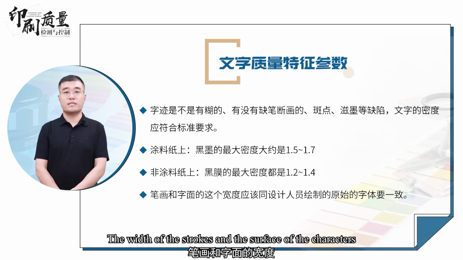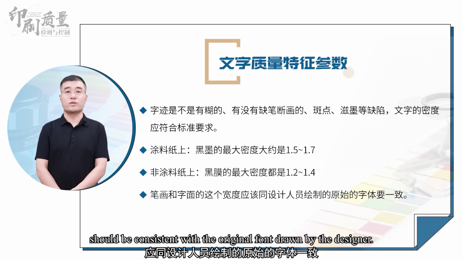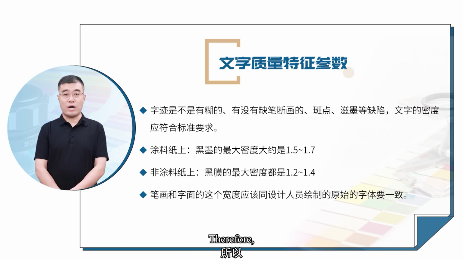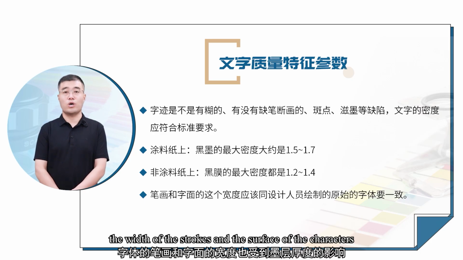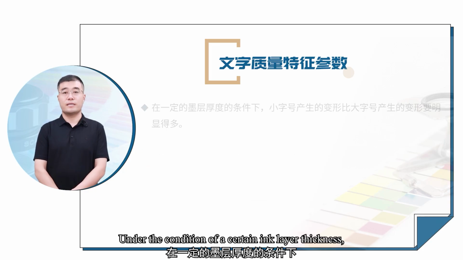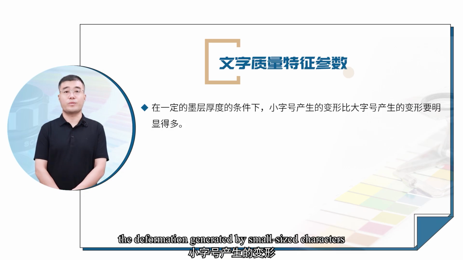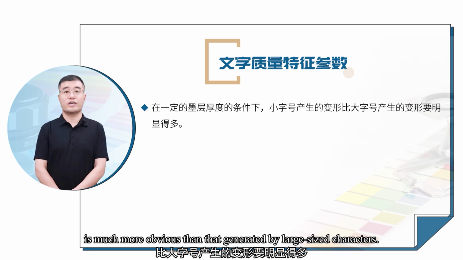The width of the strokes and the surface of the characters should be consistent with the original font drawn by the designer. Therefore, the width of the strokes and the surface of the characters is also affected by the thickness of the ink layer. When the ink layer is relatively thick, the deformation generated will be relatively large. Under the condition of a certain ink layer thickness, the deformation generated by small-sized characters is much more obvious than that generated by large-sized characters.